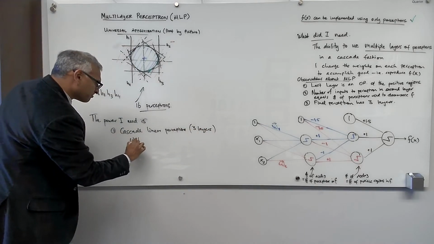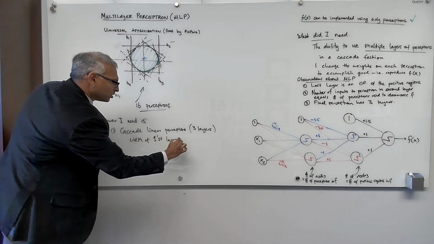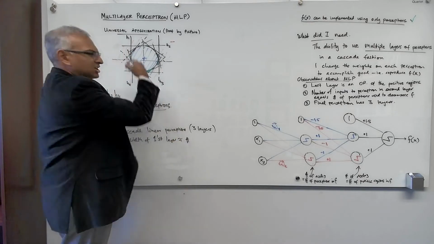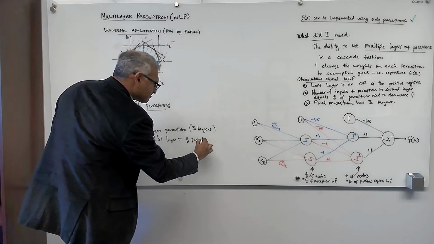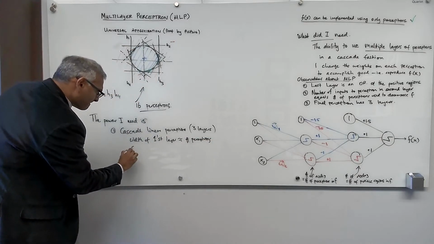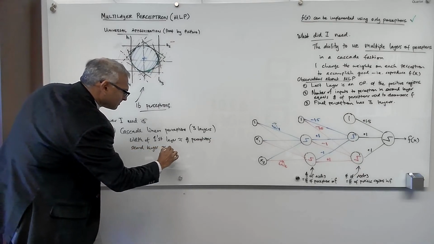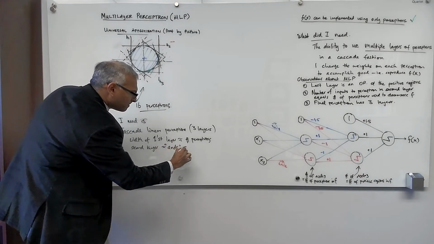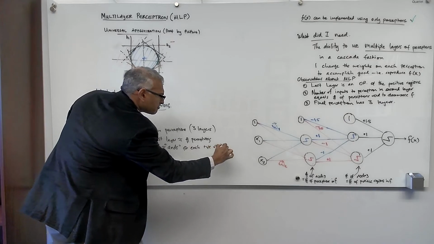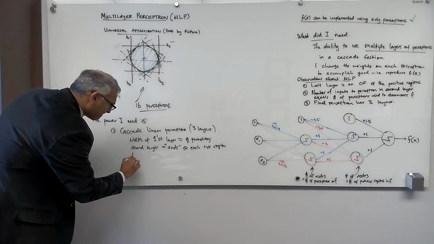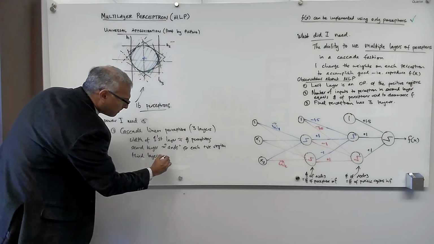Width of first layer corresponds to number of perceptrons in the decomposition of my function of interest. And the second layer corresponds to ANDs for each positive region. Okay, and then the third layer is just one big OR.